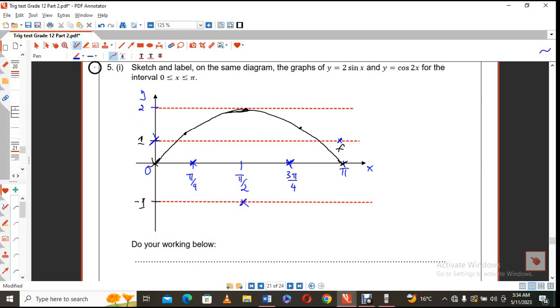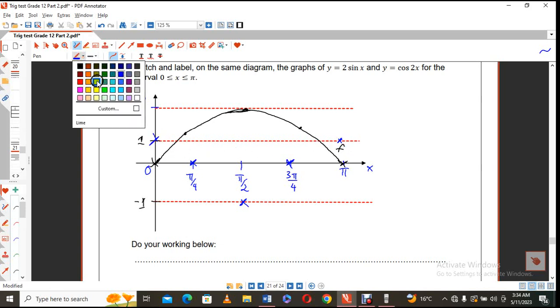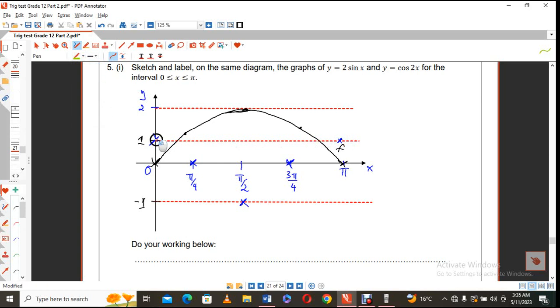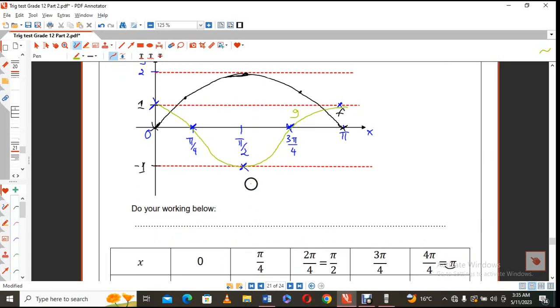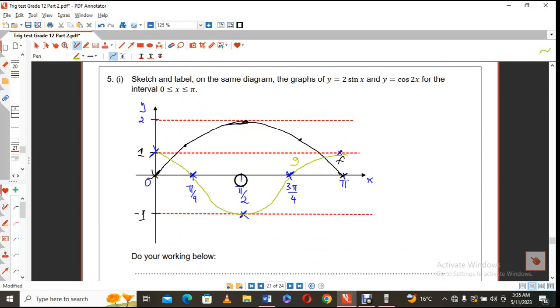Alright, so from here on, it's just a matter of joining the graph as it goes. Can draw it lightly. Alright, it goes back up and back up again. Okay, and this green one can be my G.